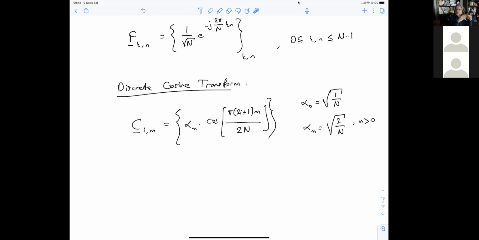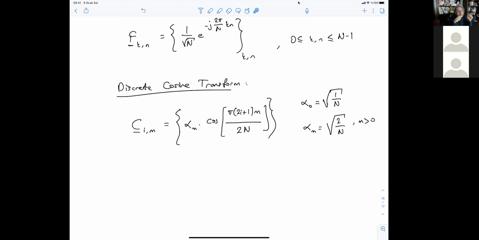For a variation of i, when m is equal to 1, for example, this will make one complete cycle of a sinusoid. And what is the norm of a sinusoid?